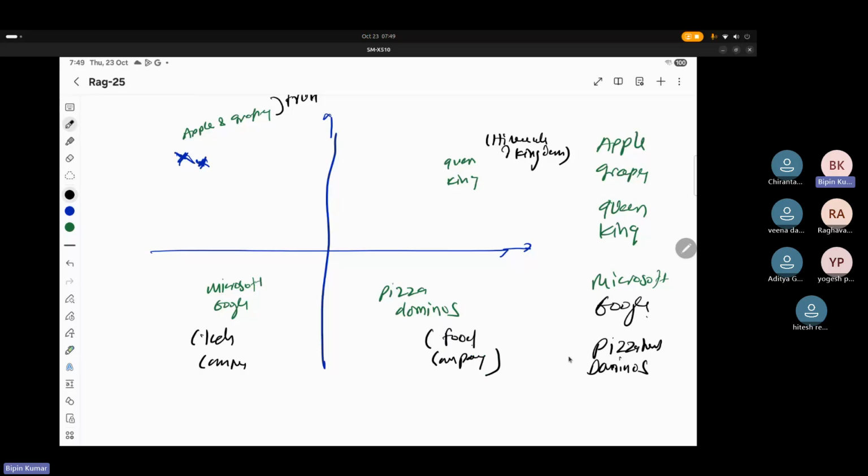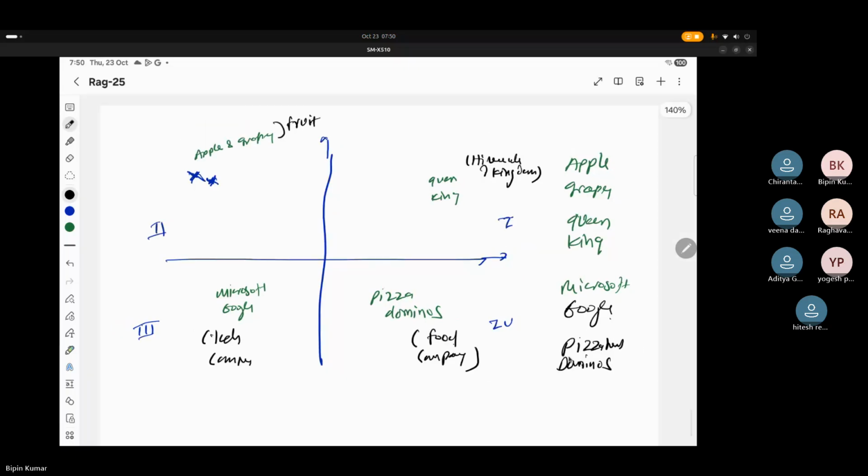Okay, so let's say if any new word comes, for example, minister. Which sector will minister go to? So let's say there are 4 sectors, I'm just taking some example. So let's say this is first, third, and fourth. If a new word comes, the embedding model will place that minister into which sector?